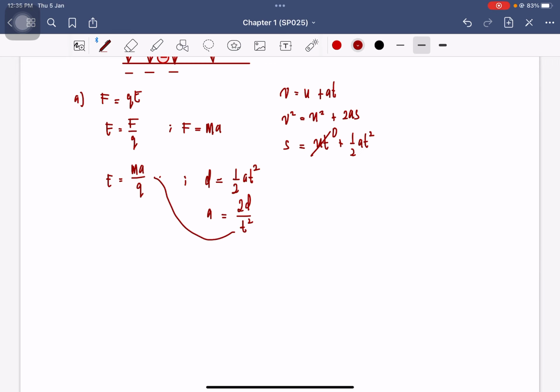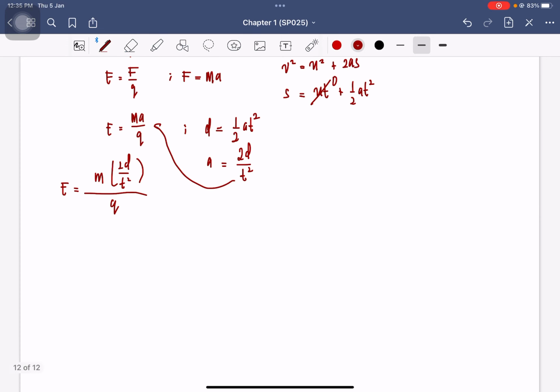So we substitute that into this equation here, which is going to be M times 2D over T² over T over Q. Okay, so from here, if I tidy it up, you have QT². So the electric field strength will be equal to 28468.75 Newton per coulomb. Okay, so that is the electric field strength.